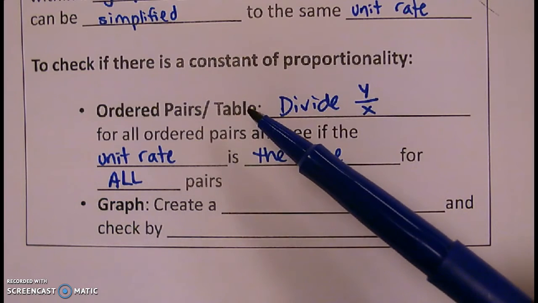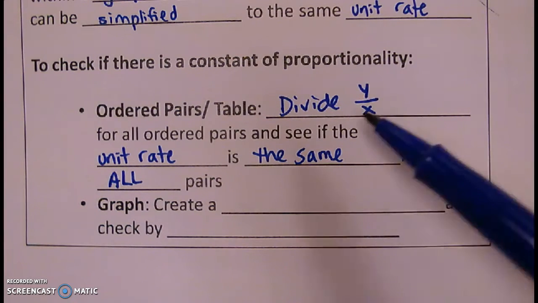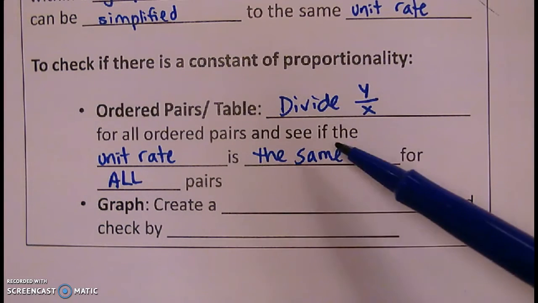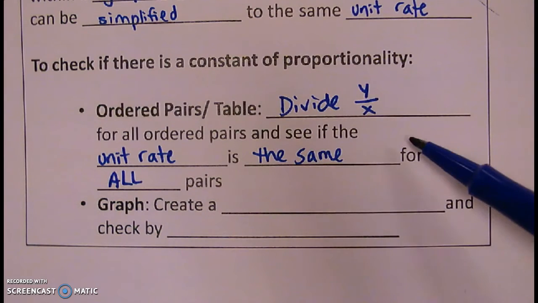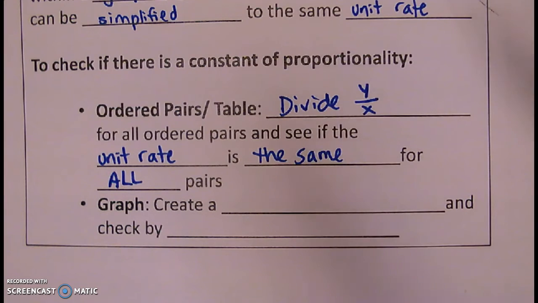For ordered pairs and tables, you can divide y over x for all of the ordered pairs to see if the unit rate is the same for all the pairs, just like what we did in our first example.